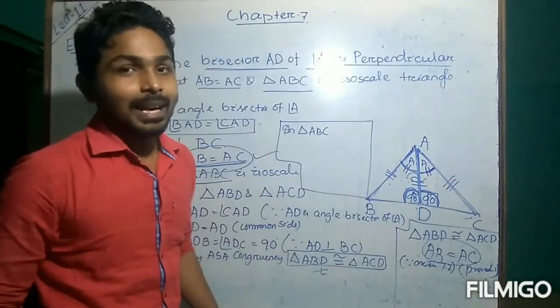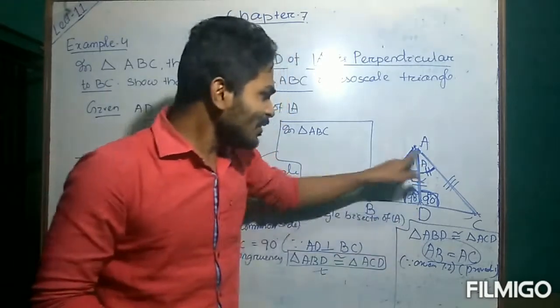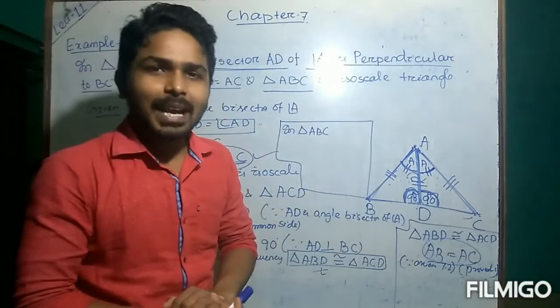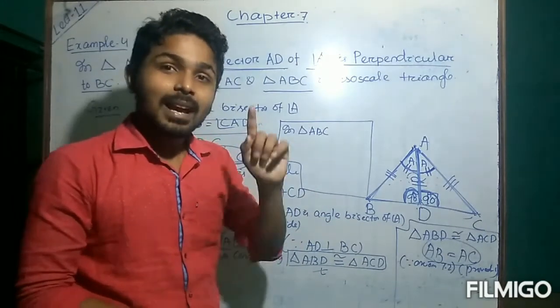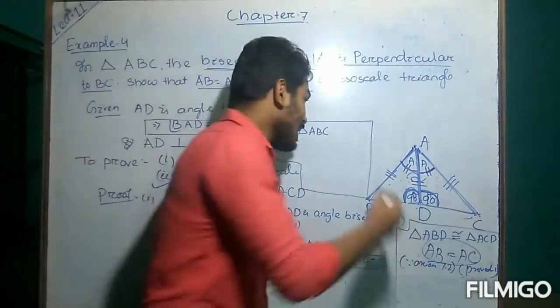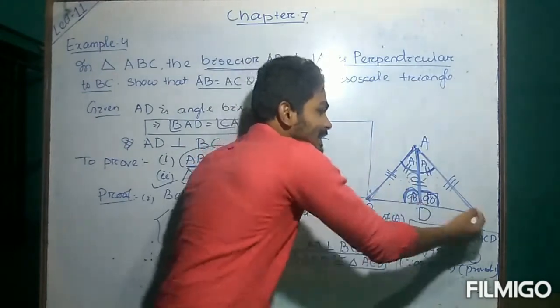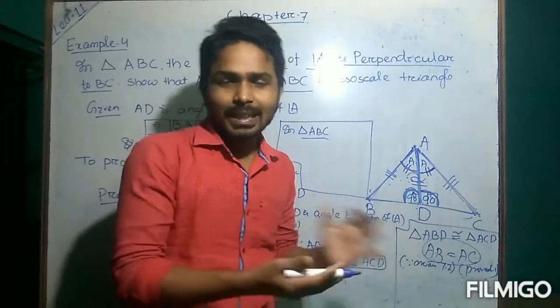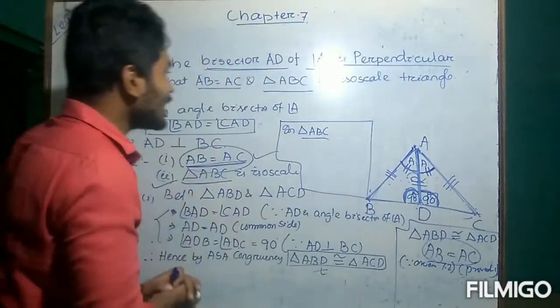Now think, if in a triangle any two sides are equal, then that triangle is named what? It is named an isosceles triangle. Similarly, here in triangle ABC, two sides AB and AC are equal. So we can call it an isosceles triangle.